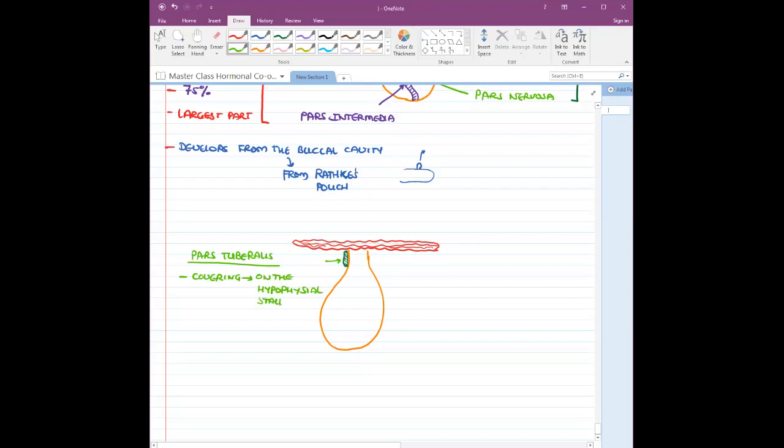We can imagine it to be like a small collar. That is what we need to know about your pars tuberalis. It's just a small collar-like structure covering the outer portion of your hypophyseal stalk. Okay, fine. Let's move ahead.